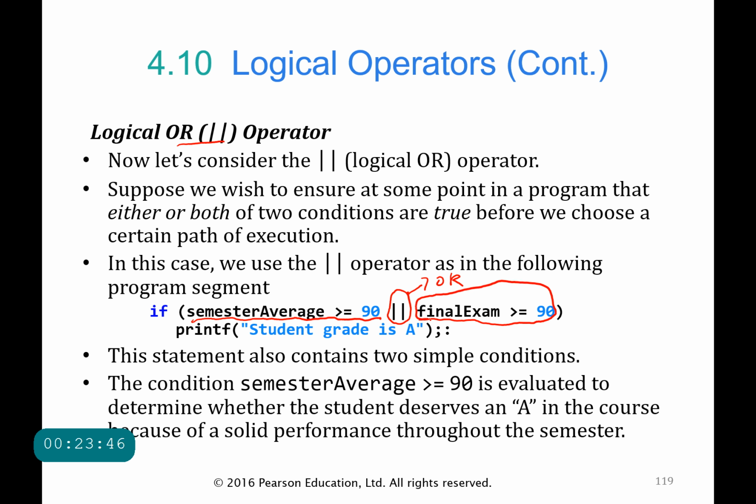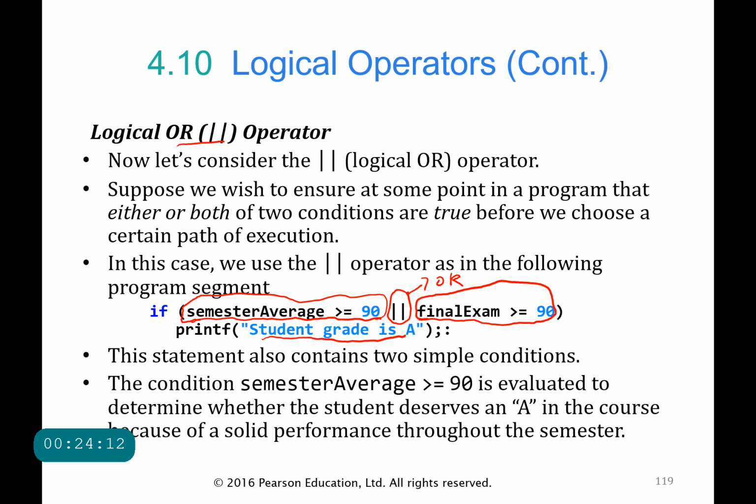than or equal to 90. And so it is possible for a good student to mess up on the final exam. So you can award a student an A grade even though he may have less than 90 on the final exam. But if his semester average is greater than or equal to 90, then the student is awarded an A grade.